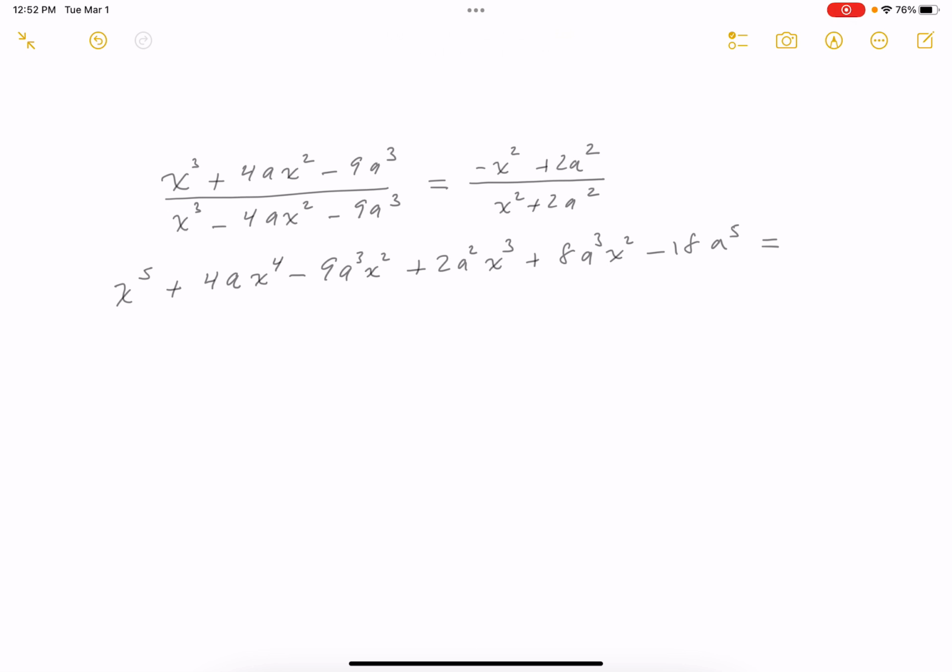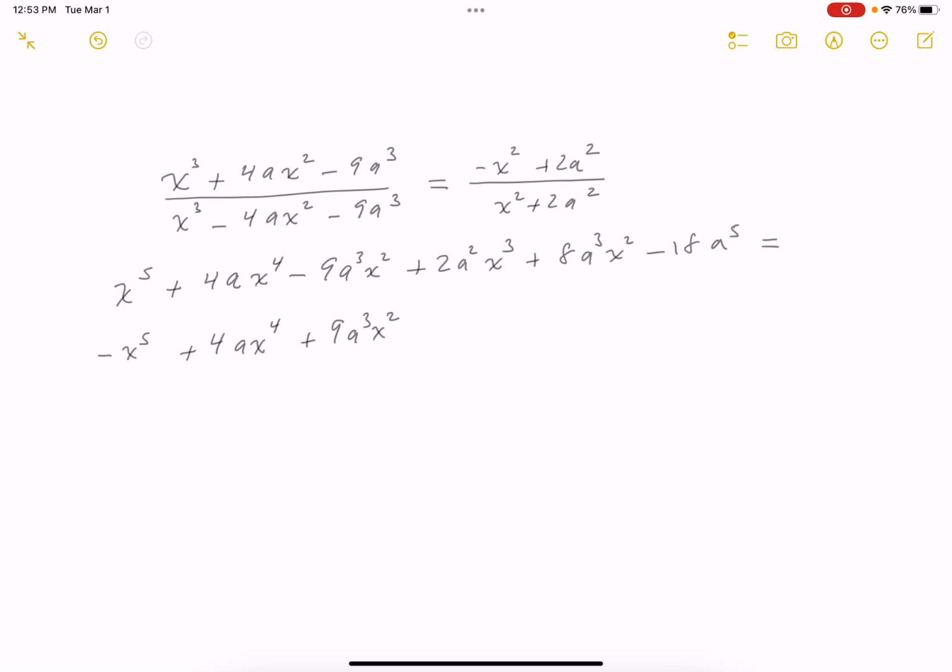And what do you get over here? You would get minus x^5, right? Plus 4ax^4, and then you're going to get plus 9a cubed x squared.